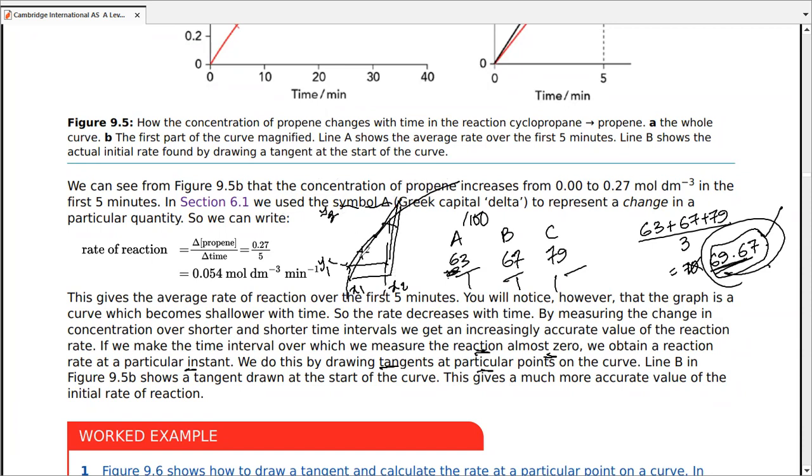But before we do that, instead of going for a whole 4 minutes or 5 minutes, we draw a tangent. Now, it does not matter if one student takes the tangent length to be this and goes with this kind of working, and the other student takes the tangent length to be this and goes with this kind of working, because the answers for both students are going to be the same.